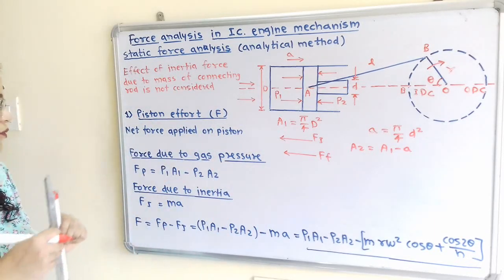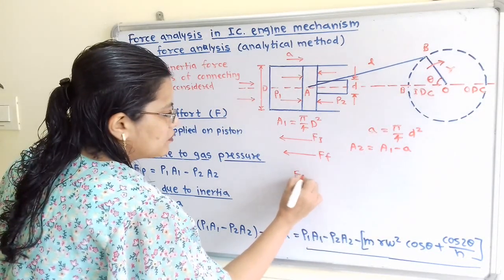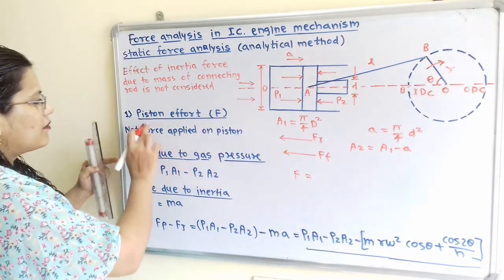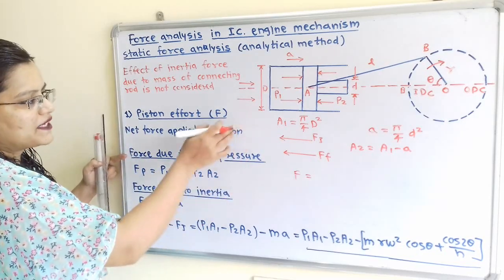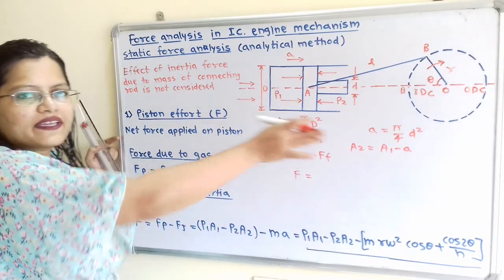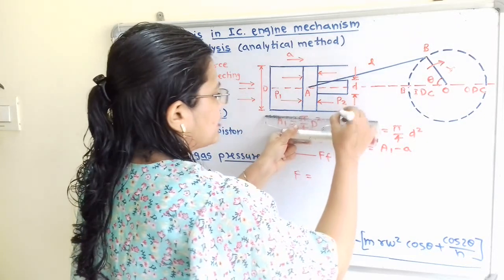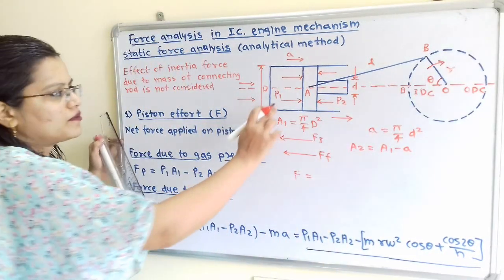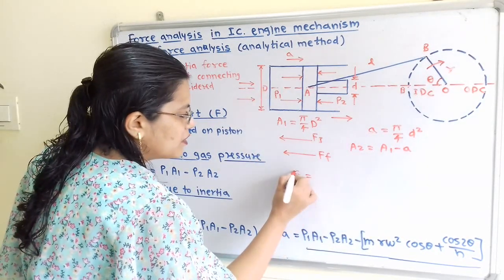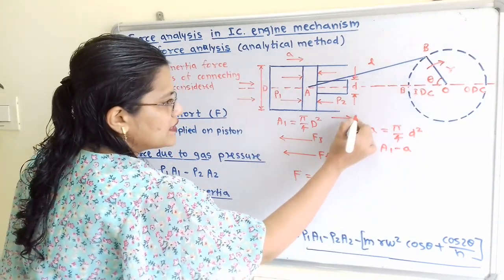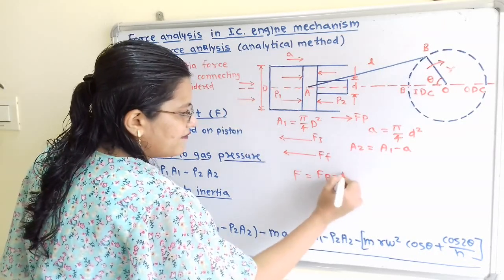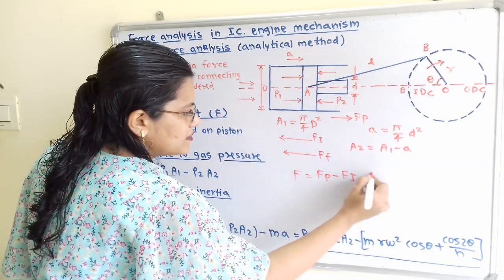So what is the formula? So F is equal to, now if we observe this force due to gas pressure, that is Fp is having the same direction. So direction of Fp is in the same direction of the motion of this piston cylinder arrangement. So F is equal to this Fp minus Fi minus Ff.